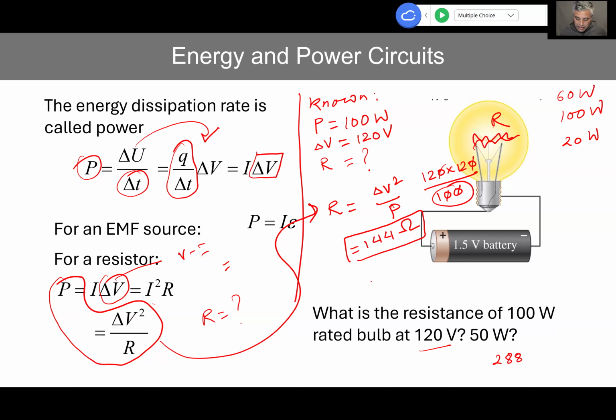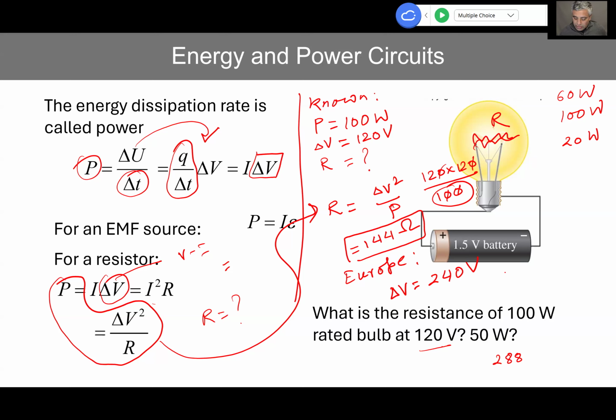So now if you plug that in in Europe, delta V could be, let's say, 240. We had 120, so let's say this is 240 volts. I think it's 220, but I'm using 240 here.